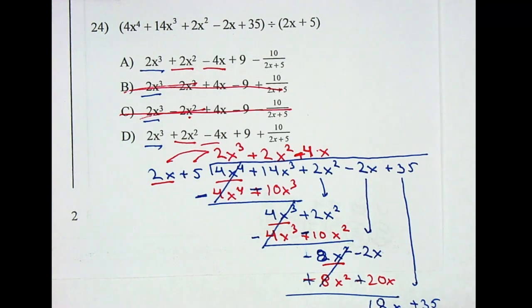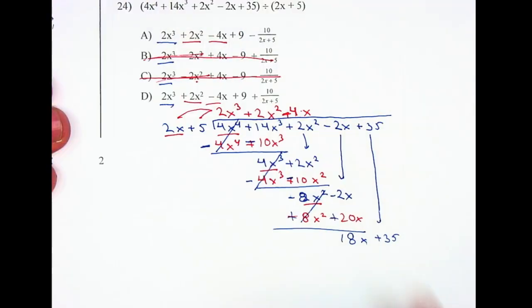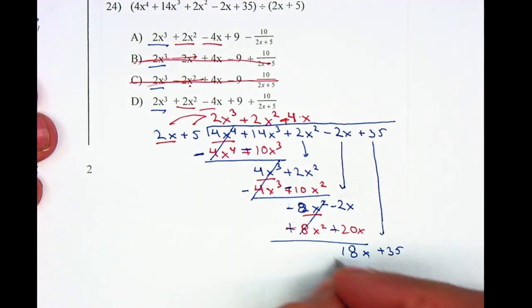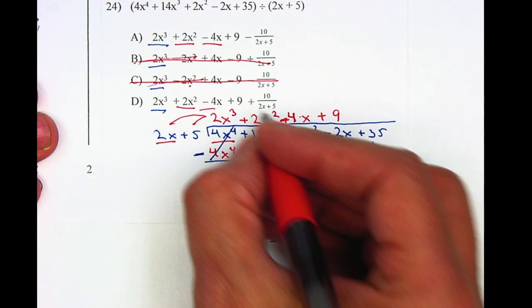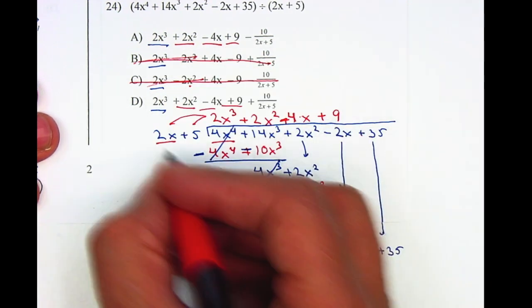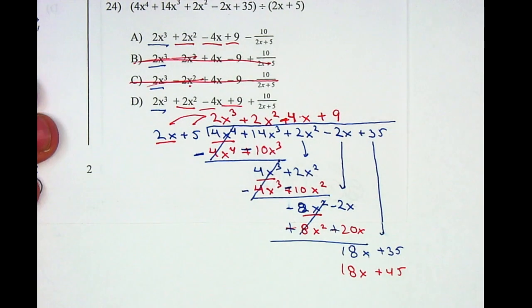So what do I need to multiply 2x by to get 18x? That'll be positive 9. If you notice, they're both positive 9, so we're on the right track. 9 times 2x will give me 18x. 9 times 5 will give me positive 45.